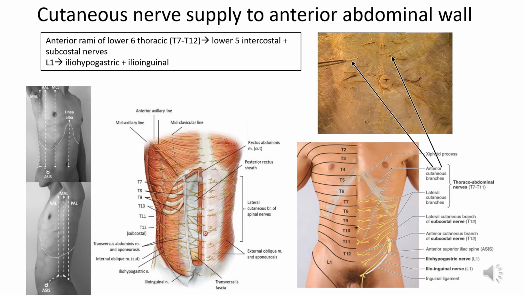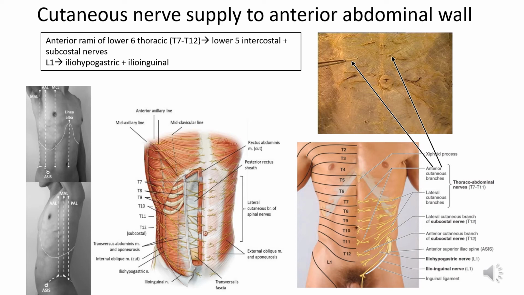The nerves supply these muscles and divide into lateral and anterior branches. The lateral branches pierce the flat abdominal muscles in the mid-axillary line to reach the skin, while the anterior branches run medially before piercing the rectus sheath and emerge anteriorly to reach the skin.